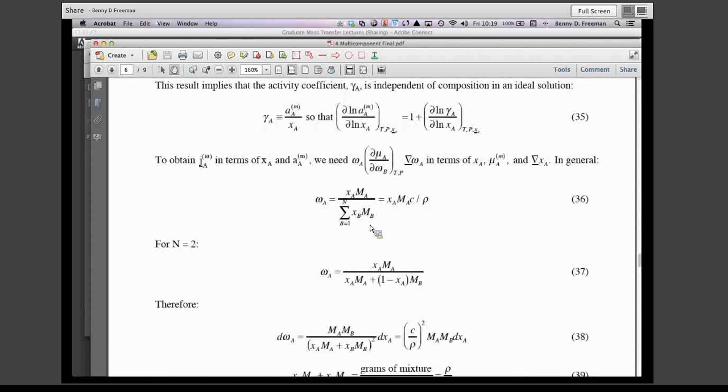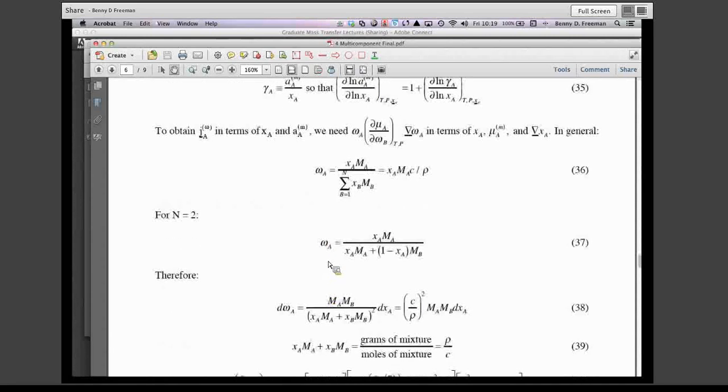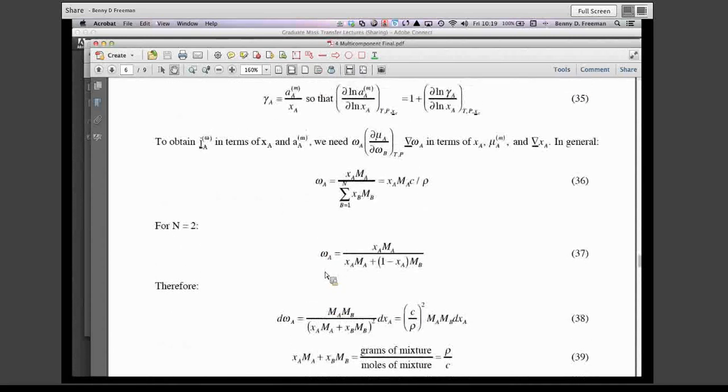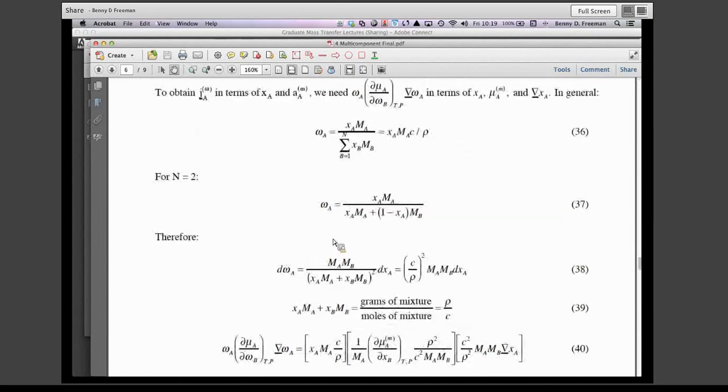For a binary system, I can write this result as shown in equation 37. What we need for these derivatives is d omega A and d omega B, and so I can take the derivative of omega A, or the differential of omega A, and the result of that is shown here.